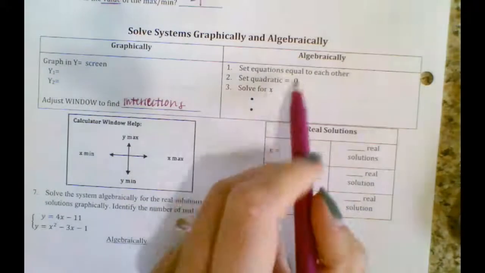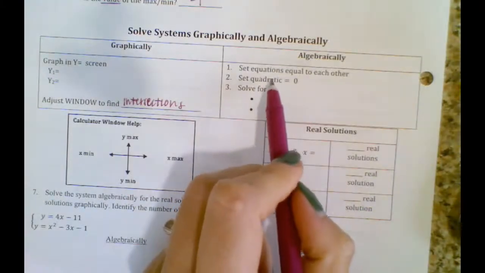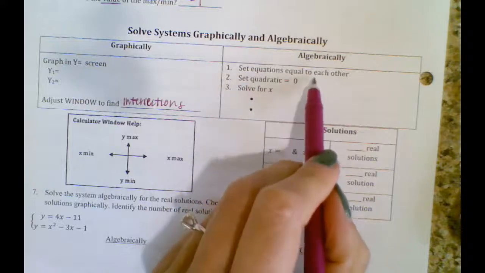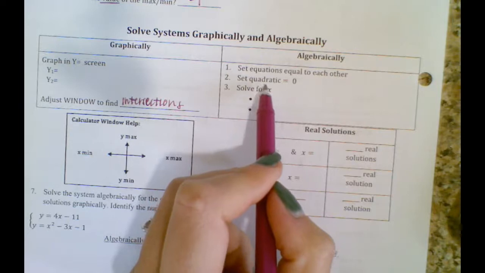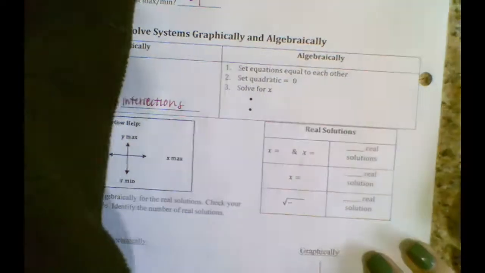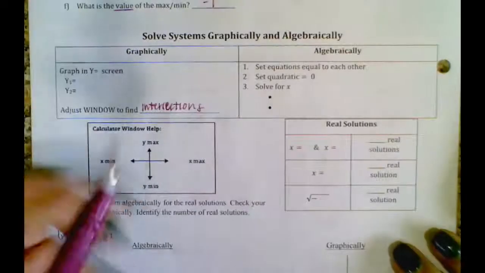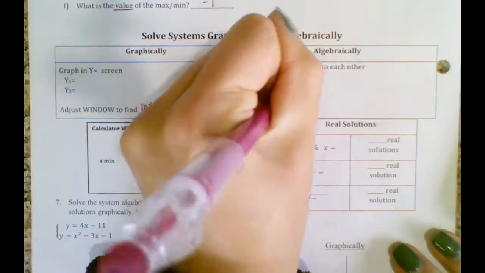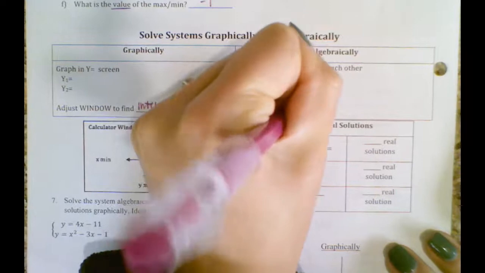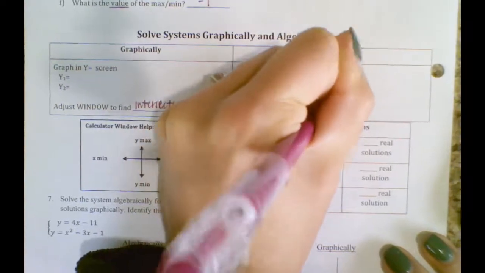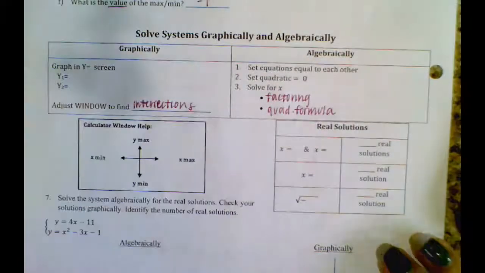If you're solving algebraically, you're going to set the equations equal to each other. Then, because we're giving you a linear and a quadratic function, set the quadratic equal to 0 by combining your like terms. And then you're going to solve for x by either factoring or using the quadratic formula, which we basically already went over how to do up above.